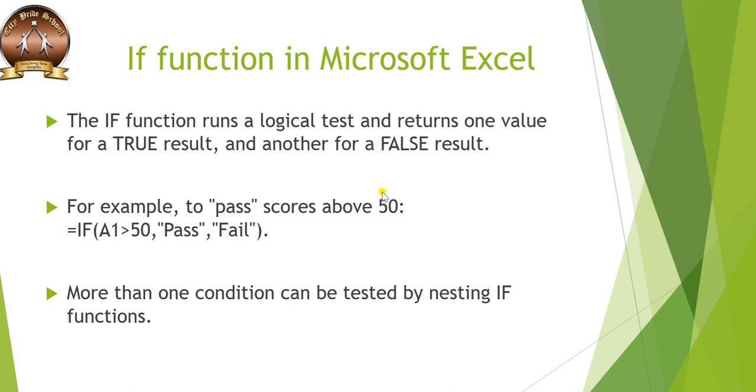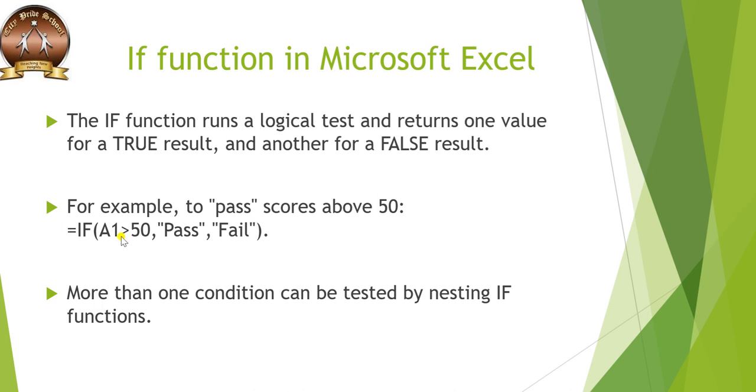Then, how to write the IF condition in Microsoft Excel? We know that every function in Excel starts with the equal to sign. So equal to, IF is the keyword, then round bracket. Now A1 is the cell. You have to select a particular cell where you have displayed your percentage. So A1 is the cell of percentage.